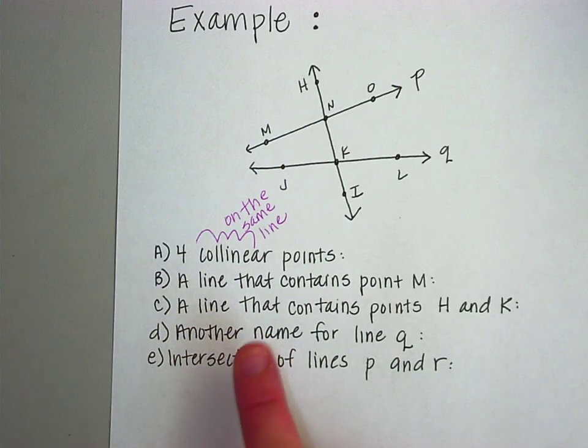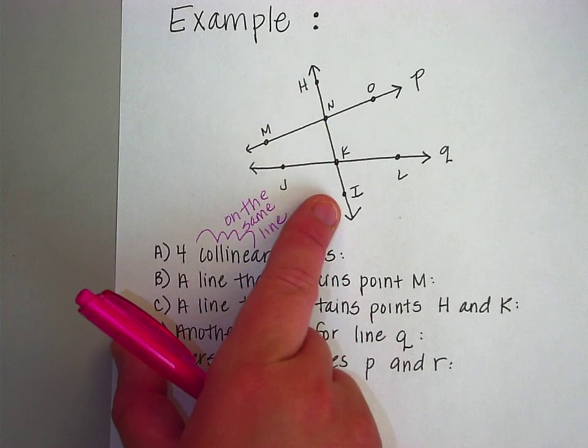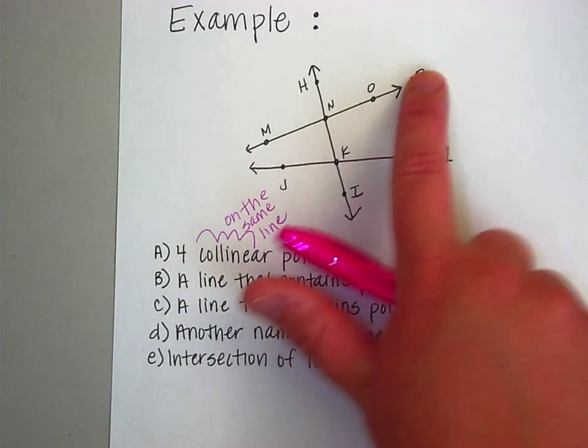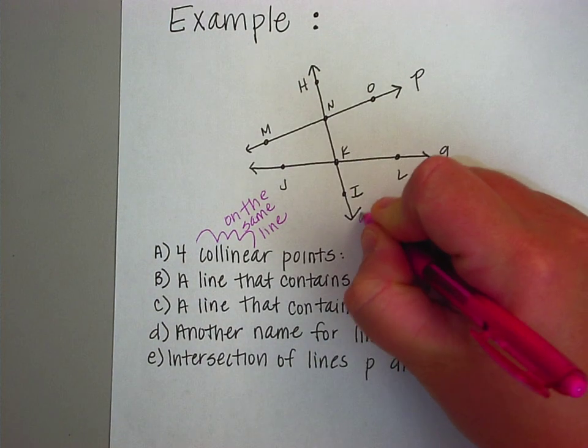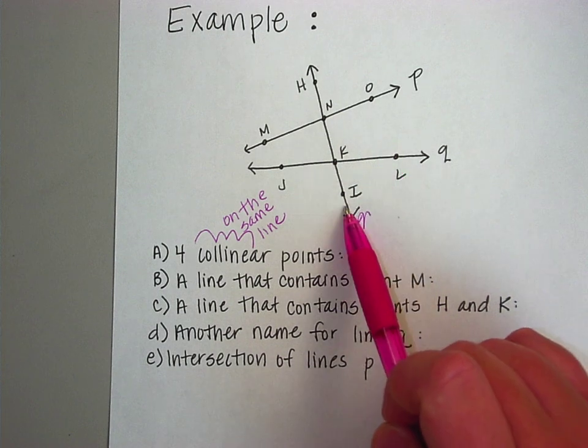So 4 points on the same line are H, N, because N is on this line, and on this line. This should be named line R. So H, N, K, and I.